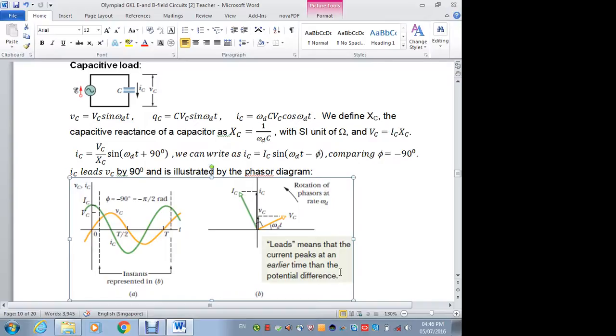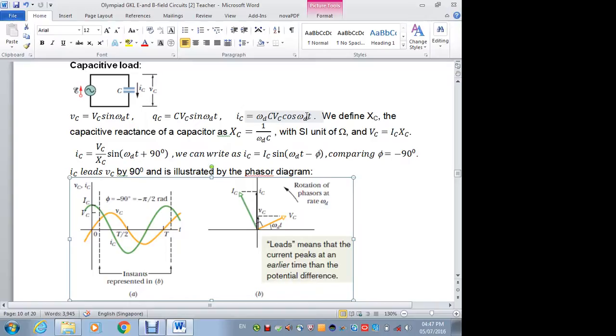Now, where do you get the 90? If you compare this equation, IC with the 90 degrees, and this equation, omega C VC cosine omega t, of course, these equations have to be the same.